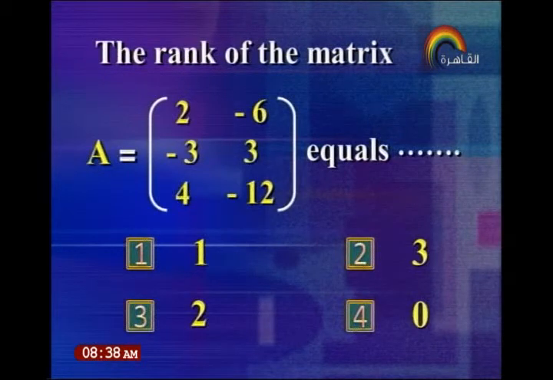What do you mean by the rank of the matrix? We have a matrix of order 3 by 2, three rows and two columns. Then the rank must be less than or equal to 2. Look at the matrix with rows (2, -6), (-3, 3), (4, -12).